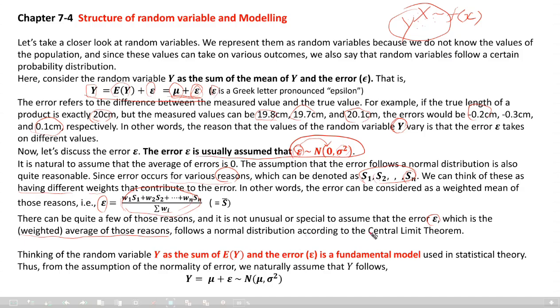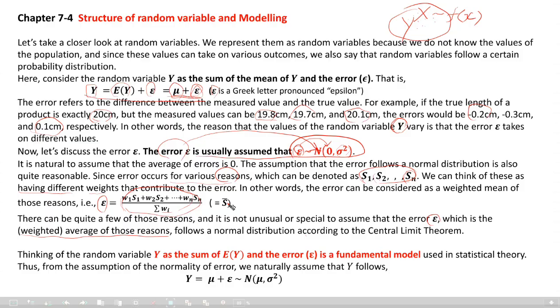According to the central limit theorem. So the distribution of epsilon follows a normal distribution. It is natural. It is not natural sometimes, but you may understand it is reasonable to assume normality.